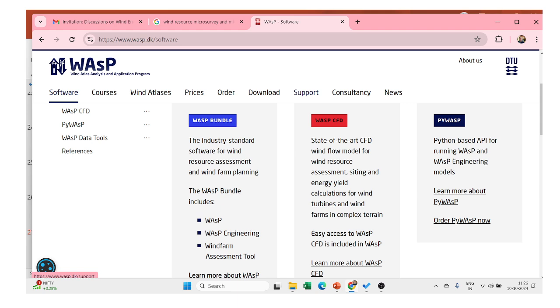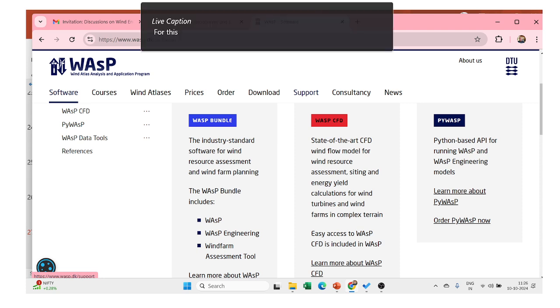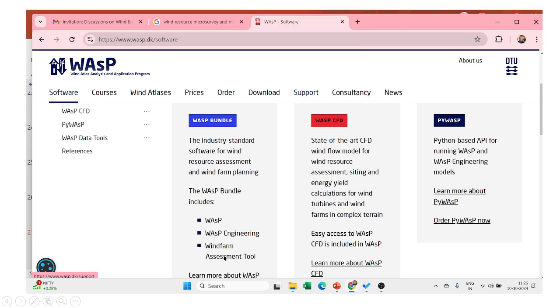We wanted to have a collaborative endeavor to train more people in WASP, because it's a highly industry standard software which is available with the basic wind resource what we discussed so far, as well as using CFD, computational fluid dynamics based WASP.